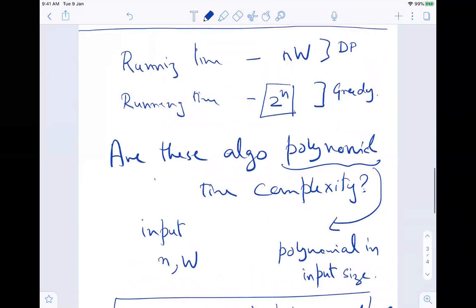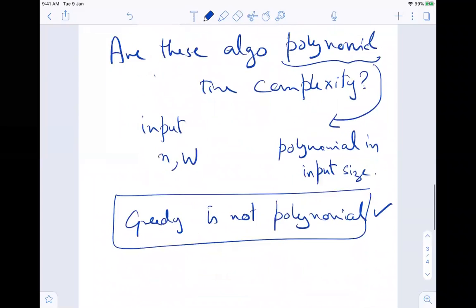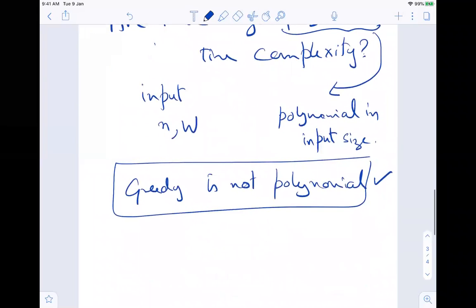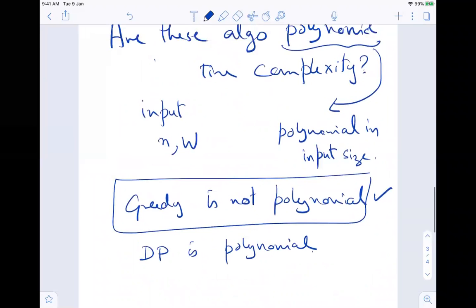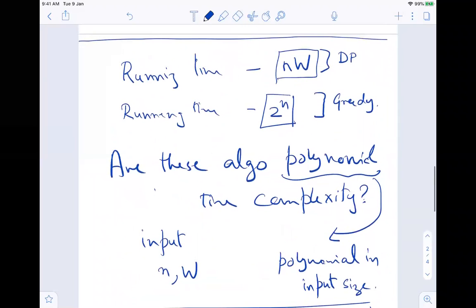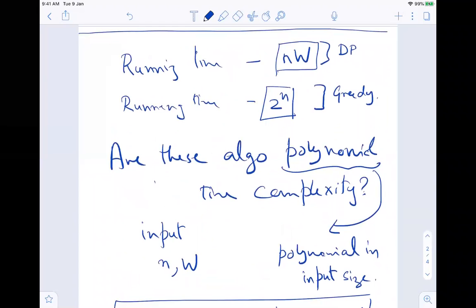What about dynamic programming? He says that dynamic programming is polynomial. Does everybody agree with him? Assuming W is constant, it's polynomial, but if W can vary as well, and we know W can vary, just like n can vary, it's a parameter. It should not be polynomial. Why?